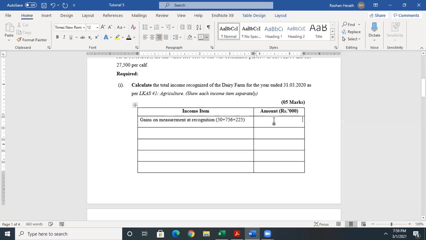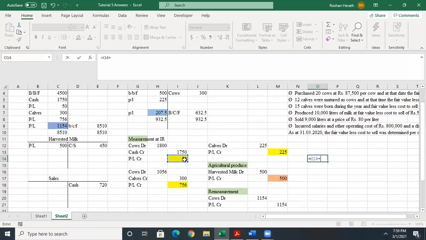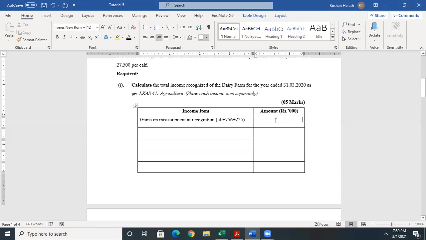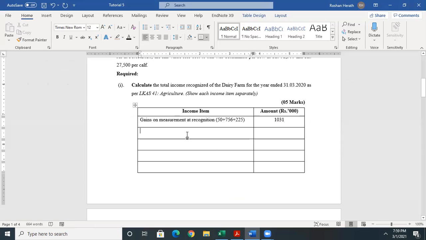If you simply add them, it's 50, 756 and 225. It's 1031. So there's a gain of 1031.